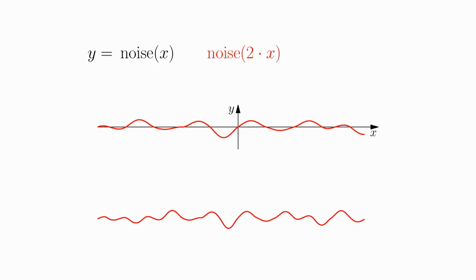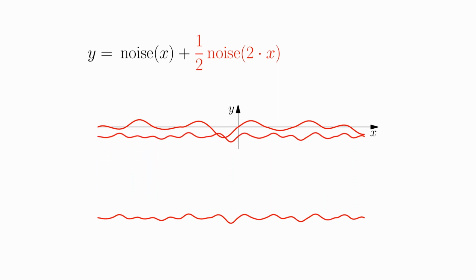So I will scale it both horizontally and vertically. So we have our noise of x, we have 1/2 of the noise of 2x, and now we can add these two functions together. That way we obtain a function which is noise of x plus 1/2 of the noise of twice x.